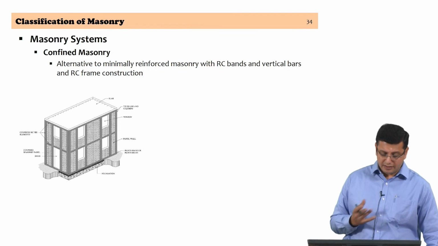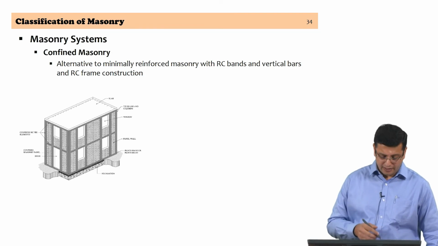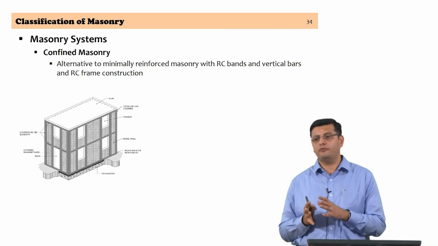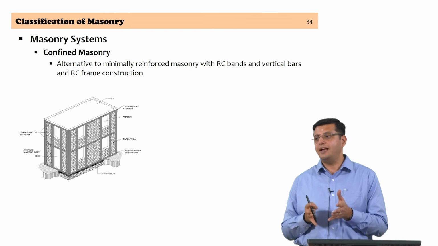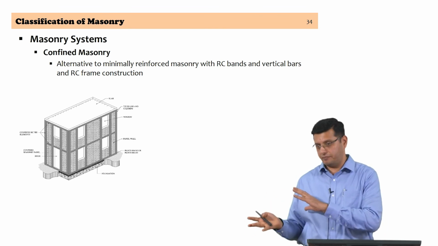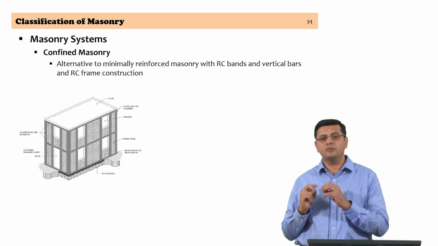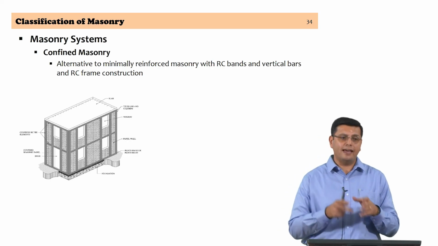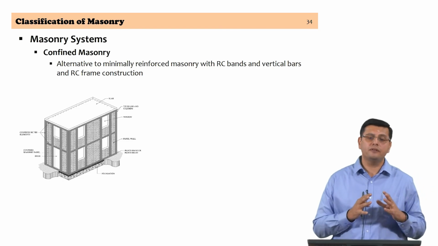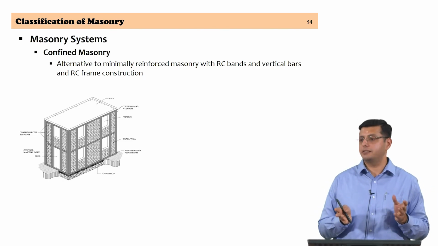So, the interesting aspect of confined masonry is that it is really a combination of a load bearing masonry system and a moment resisting frame. However, the reinforced concrete elements in this sort of a construction are really not meant to behave as they would in a moment resisting frame.